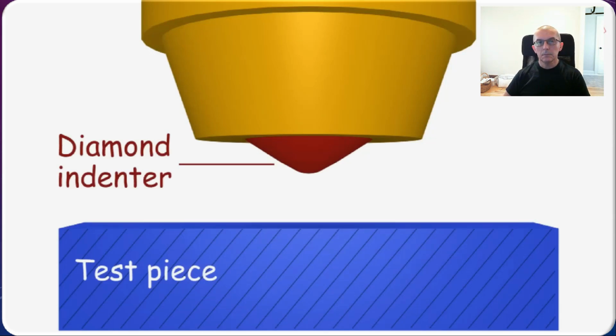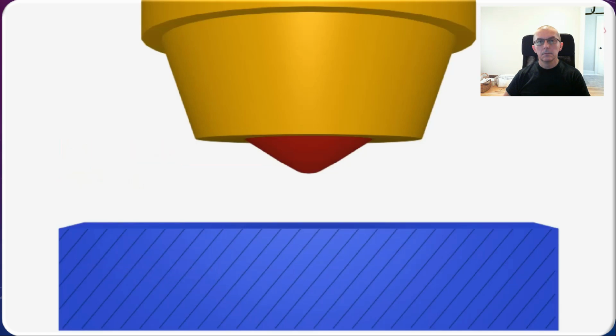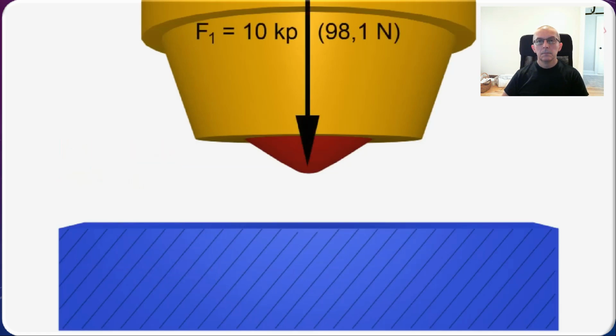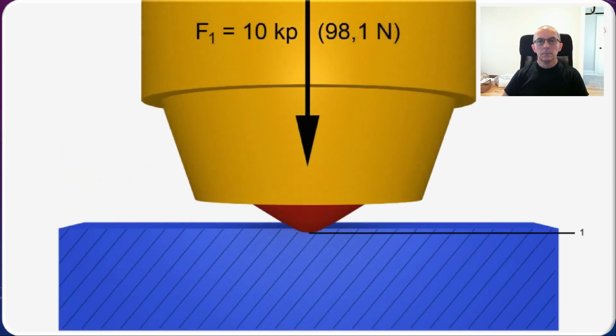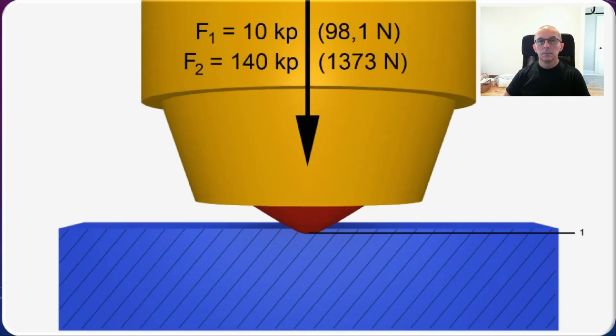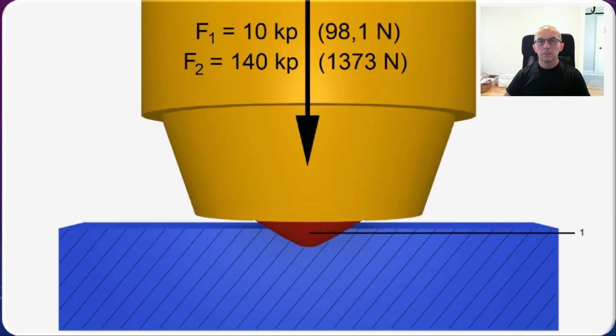In step 1, the diamond cone is pressed onto the test piece surface with a minor force of 10 kilopons. The depth of indentation under this preliminary load is the reference point. In step 2, the test force is increased by 140 kilopons, which is acting as the major force. This means that an overall force of 150 kilopons is now acting on the indenter, and this force is held for a certain time.